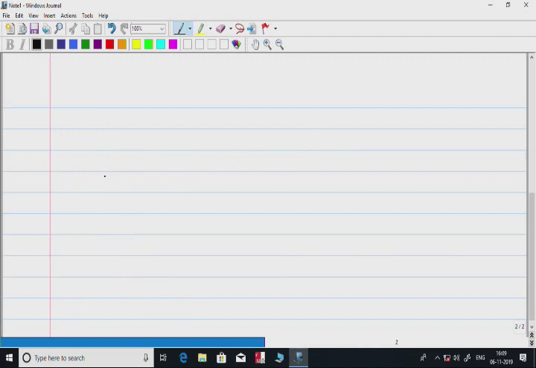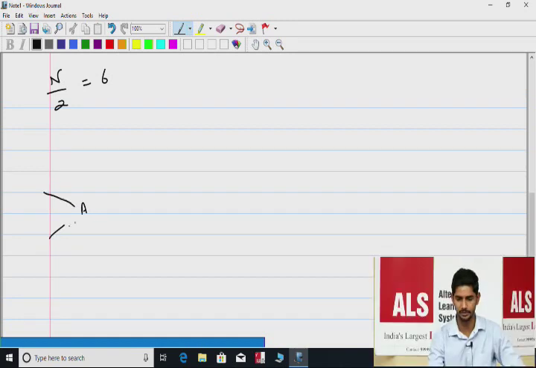Now guys, let's move on to the next case, which is n by 2 equal to 6. See, the situation would be like this. One second.